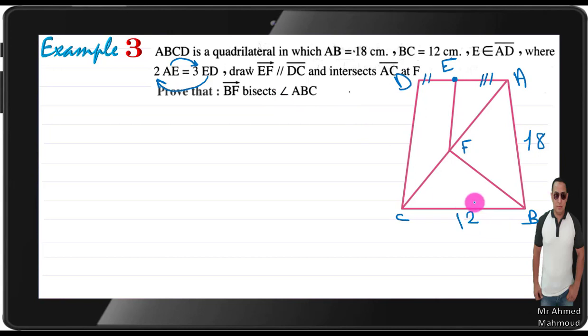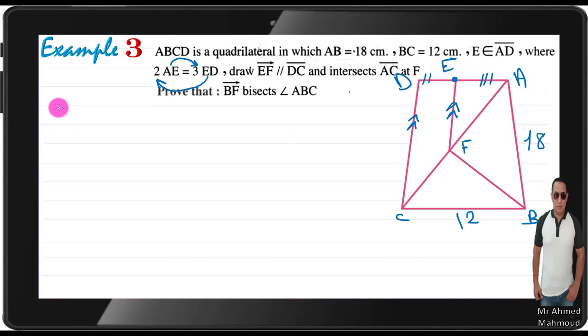To prove that BF bisects angle B, I need to prove AF over FC equals AB over BC. It's not clear now, but I'm going to start with this triangle because we already have parallel line segments here, and a ratio of 3 over 2.